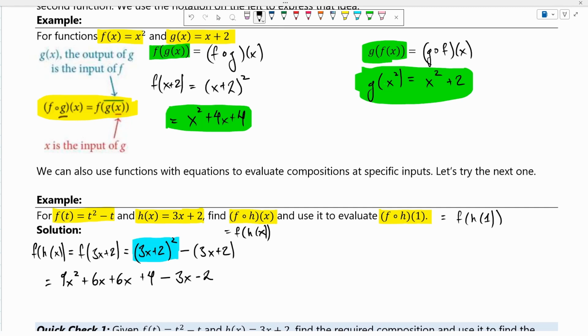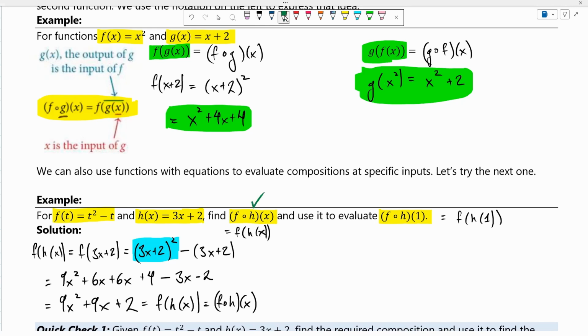I get to combine this a little bit. The 9x squared gets to live on. The 6 plus 6 is 12x, minus 3x is 9x. Then you have a plus 4 and a minus 2, so it's going to be plus 2. Done. This right here is what we consider f of h of x, or f composed with h of x.